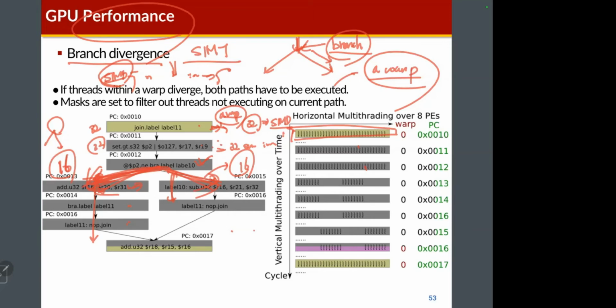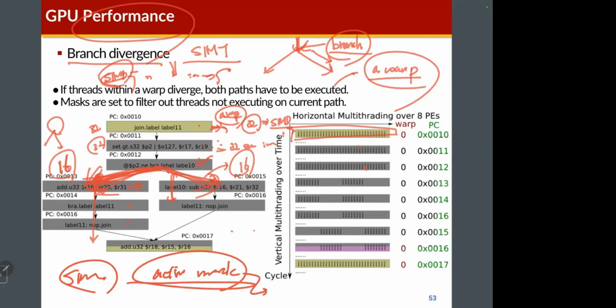In order to support the SIMD operation, the GPU has the active mask, and this active mask decides how many threads are executed in a single warp. In this example, when the warp executes the branch instruction, it executes the instructions in all threads, so the active mask becomes 1, 1, 1, 1, 1, 1, 1, 1.